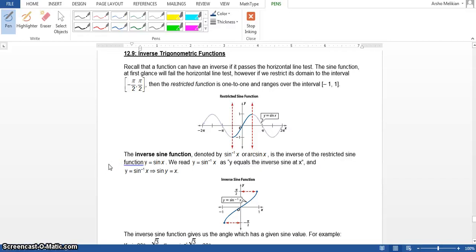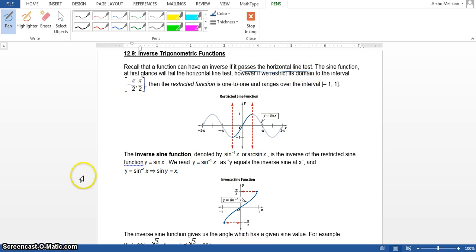All right, so we've learned in previous chapters about the inverse of a function. And we also learned how to tell whether a function has an inverse to begin with. We said that if the function passes the horizontal line test, then yes, it does have an inverse.